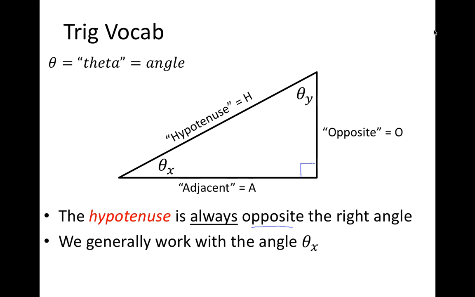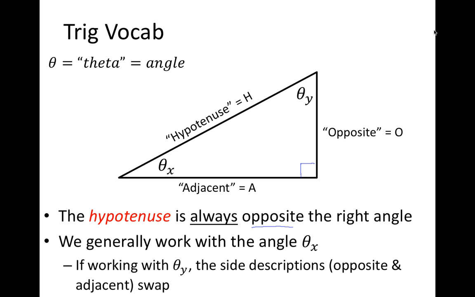Now, generally, we're going to work with the angle with the x, but sometimes we might have to work with the angle with the y. And in that case, the opposite and adjacent sides of the triangle are going to swap with each other. Generally, we use the angle with the x, but sometimes we will use the angle with the y when it is more convenient.